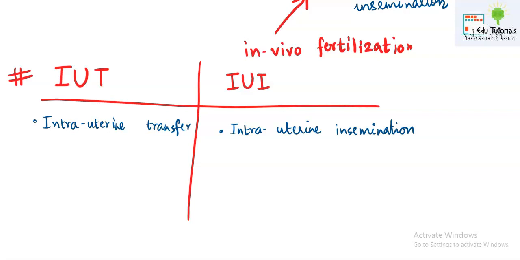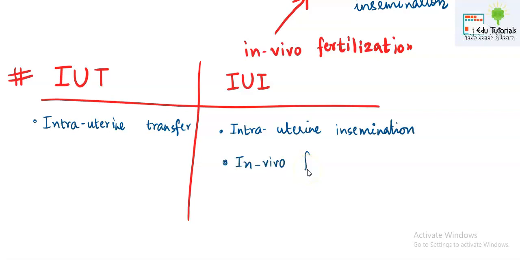It is generally done when the male partner produces a low number of sperms. So at intervals, sperms are collected, and once enough has been collected, the sperms are injected in the female uterus. From the uterus, because of their motility, the sperms reach the fallopian tube, reach the right junction for fertilization, and this will result in in vivo fertilization.